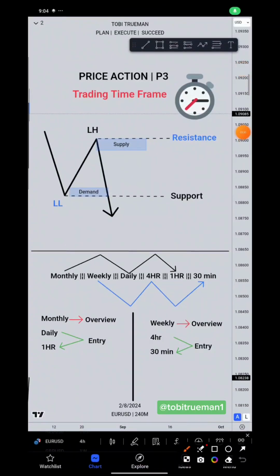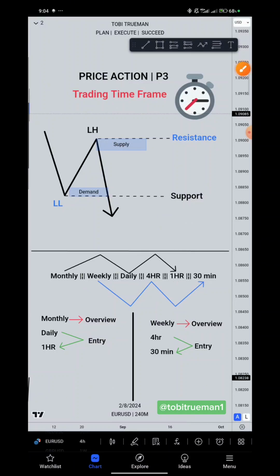Now back here, the major time frame. Let me say this: when it comes to price action trading, the institutional traders, the big top traders, the majority of them do trade on the higher time frame. We have the monthly time frame, weekly time frame, daily time frame. Some probably trade on the 4 hour time frame, and maybe 1 hour, 30 minutes, all of those things.